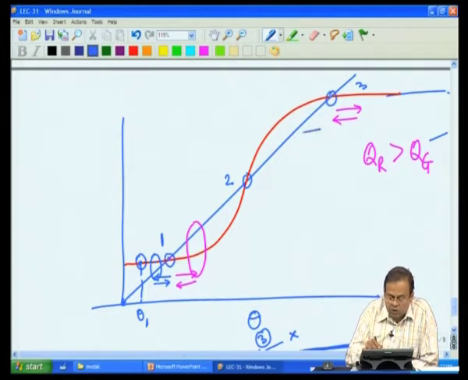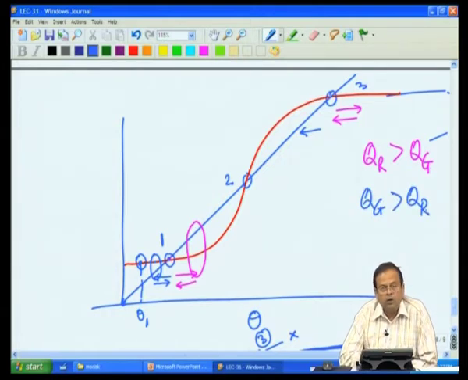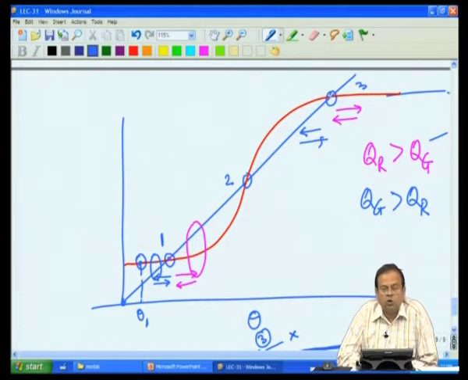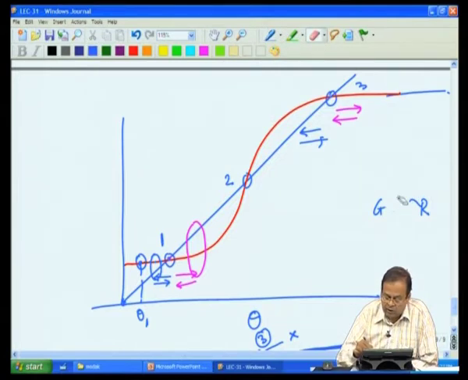If we make a perturbation in this particular direction, QG will be greater than QR, or in other words, we will go back to the same steady state. In short, this steady state number 3 is also a stable steady state, whereas 1 is also stable, 3 is also stable. So, let us try to look at what happens at steady state number 2.